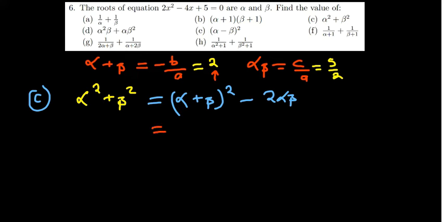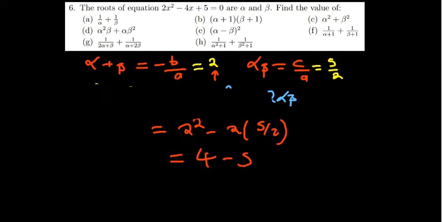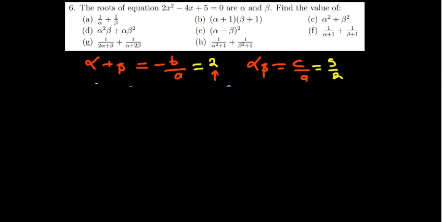So alpha plus beta is 2, so 2 squared. And then we have 2 alpha beta, which is 5 over 2. So we have 4 minus 5, giving us negative 1. The answers we're getting are not important.